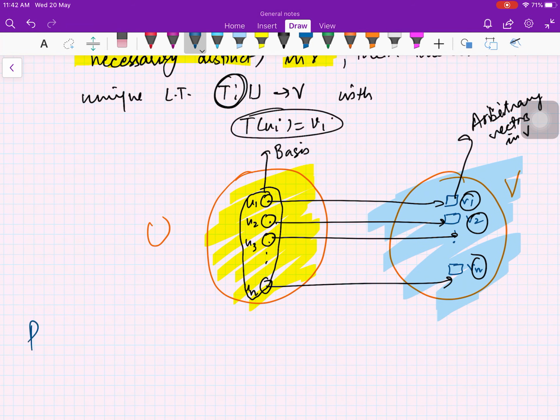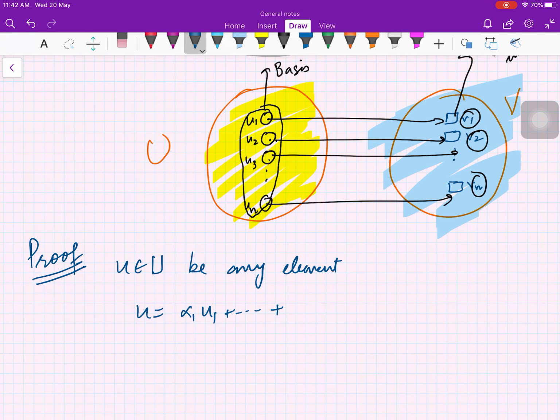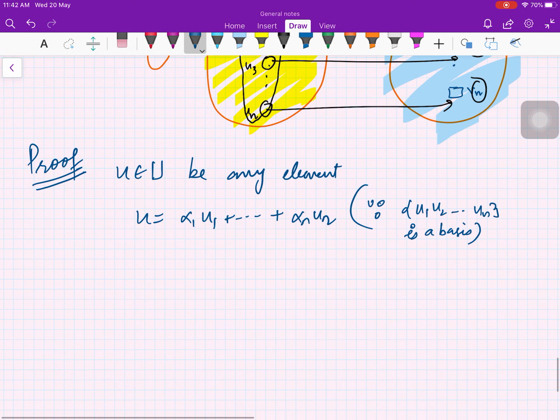So you want to prove that such a transformation is unique and it is a linear transformation, right? So let u belong to U be any element, then I know that u can be written as alpha1 u1 plus and so on alpha n un. Why? Because u1, u2, ..., un is a basis. Fine.